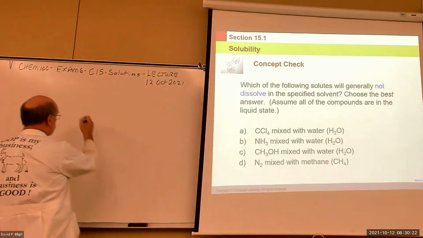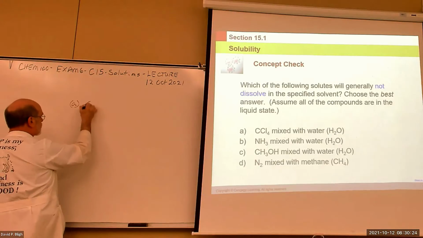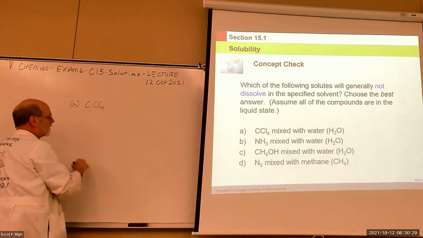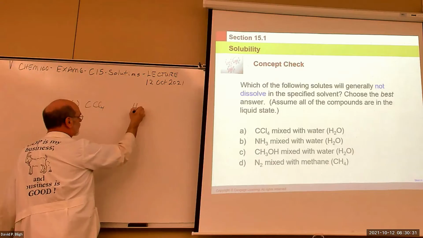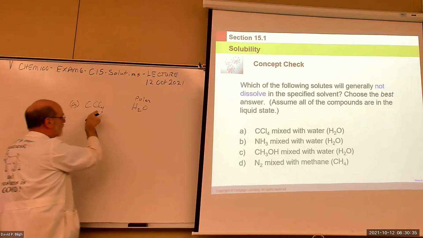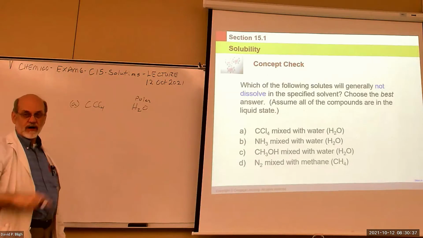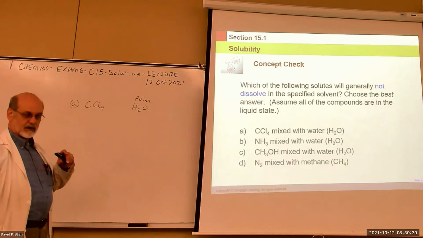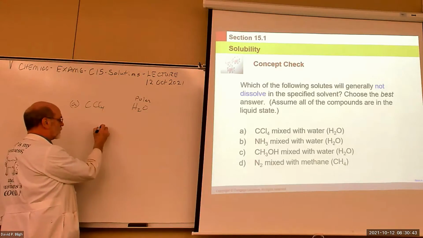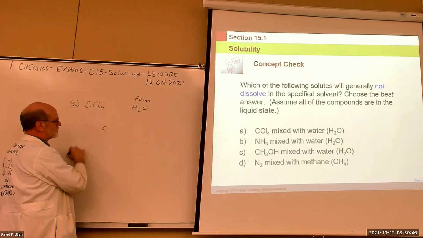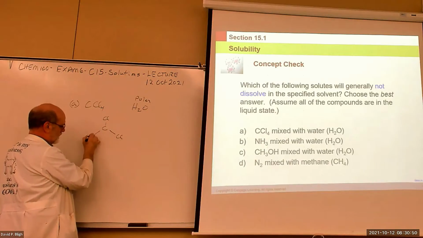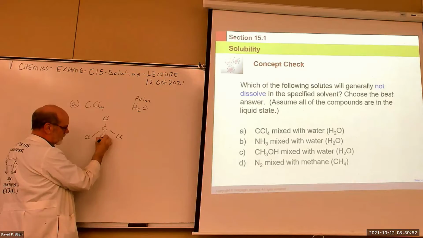So when we say carbon tetrachloride in water, well, we know water is polar, but what do we know about carbon tetrachloride? Carbon tetrachloride is non-polar. The structure of the molecule puts carbon in the middle, a chlorine here, a chlorine there, a chlorine there, and in the back, another chlorine.